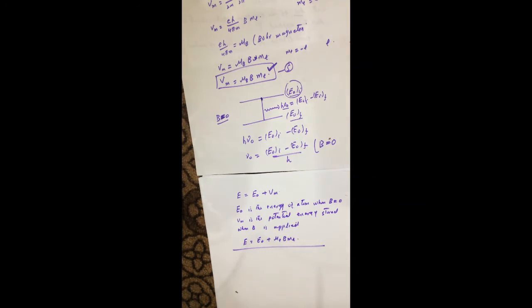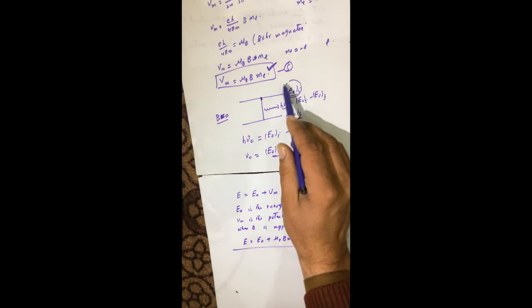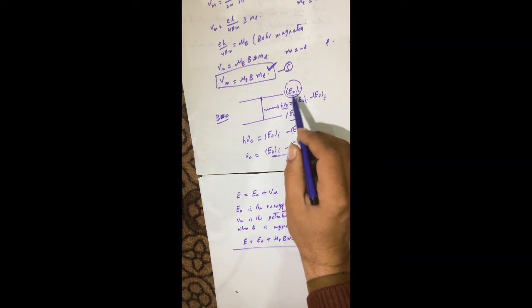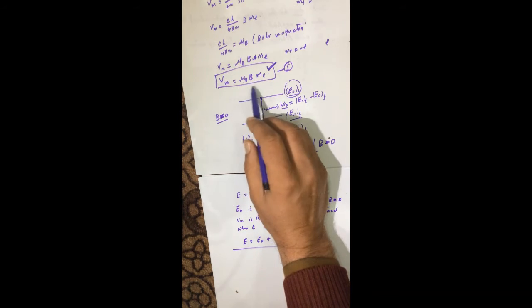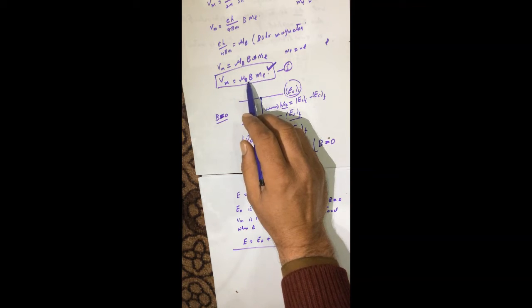Now in the presence of a magnetic field, once we apply the magnetic field, the total energy of the atom will be its initial energy, E naught, plus the potential energy stored when the magnetic field is applied.